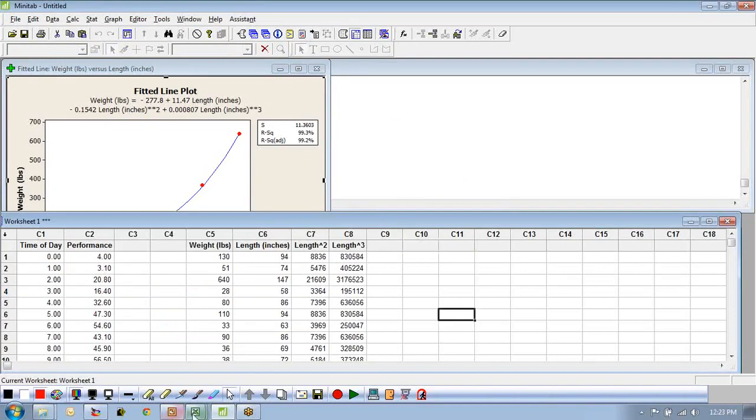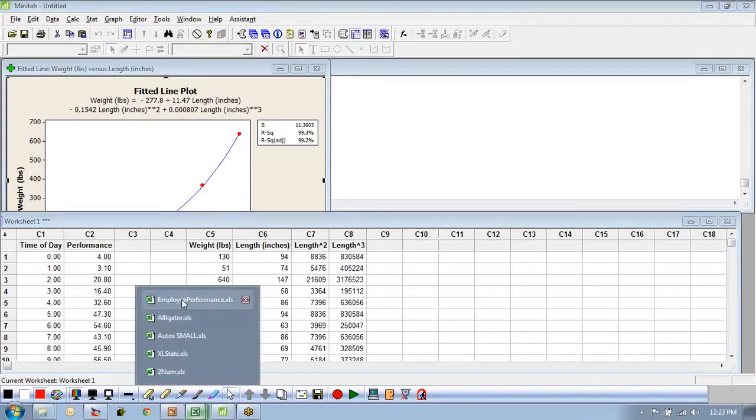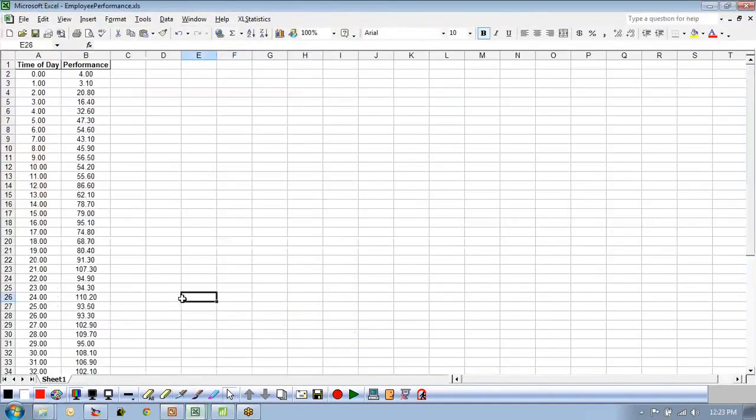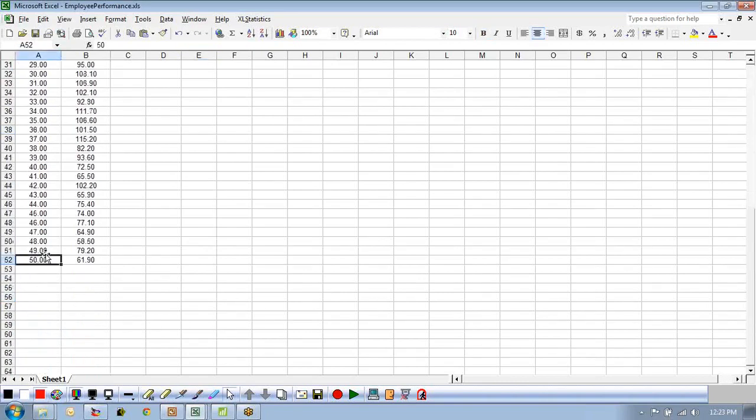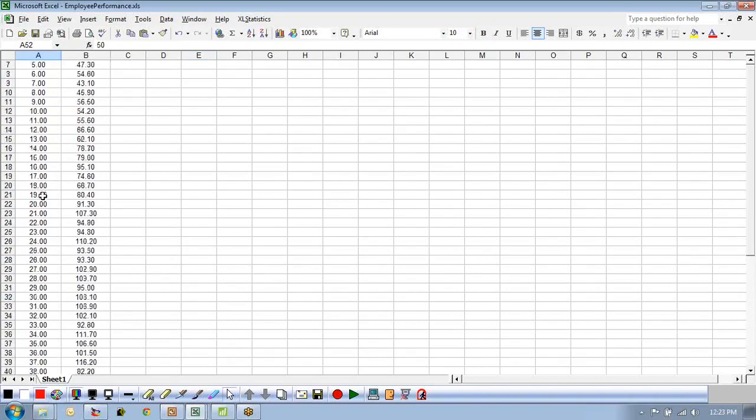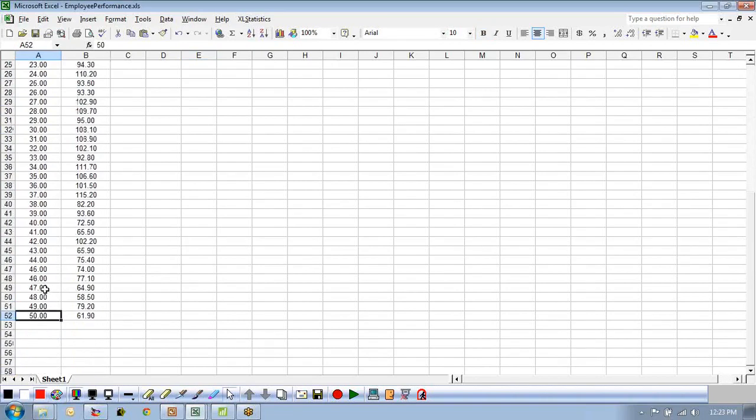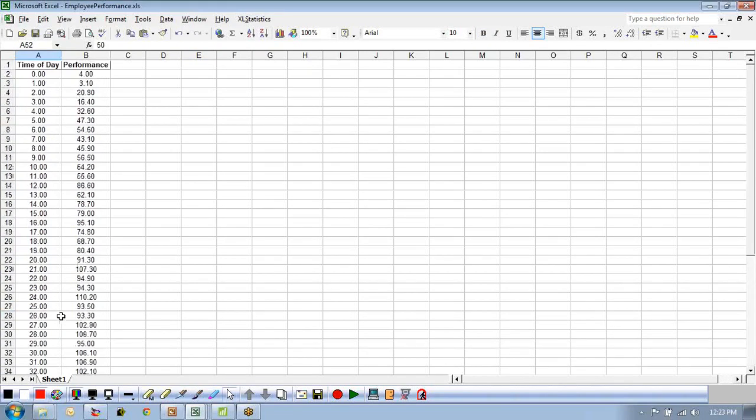Let's go ahead and do that. The second example I want to do is on employee performance. In this case, we're looking at the time of the day and the employee performance. Now, the time of the day is not given in hours, but in some normalized units where 50 is the end of the day.